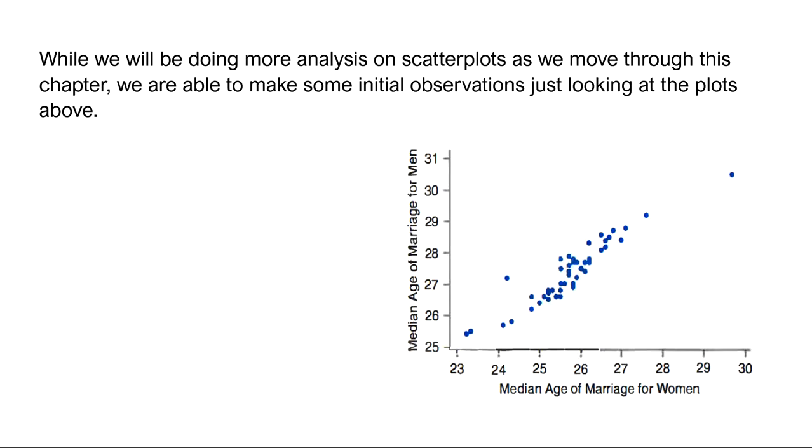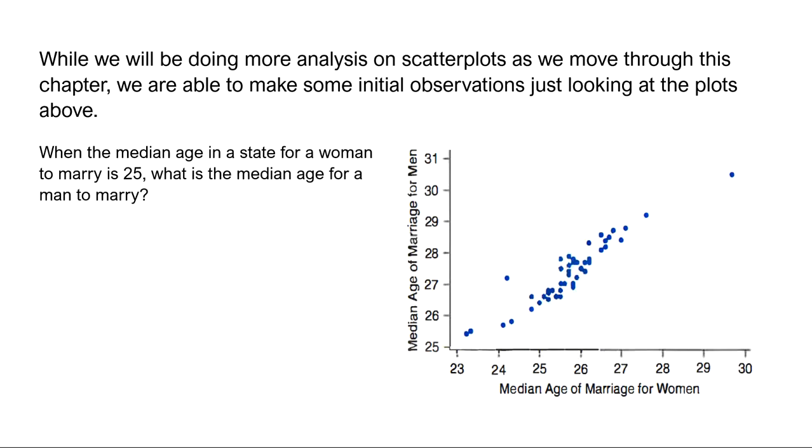So when we're looking at that, we're going to be able to start making some observations from the points. Again, we're looking at the median age for women. When a woman is 25, we see the bottom of the chart, we go across to 25, and we see what the typical age is for a man to marry at that point.